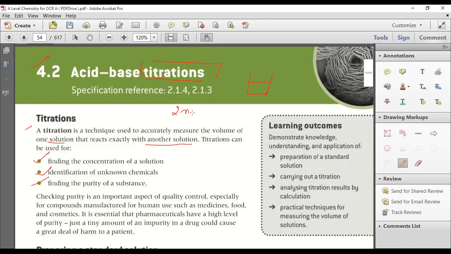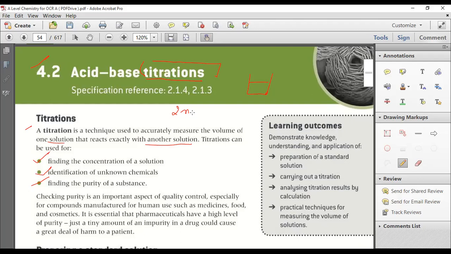Because 2 ml of H2SO4 will completely react with 4 ml of NaOH, not with 2 ml, because they require 4 ml. H2SO4 is going to produce 2 H positive ions. Clear?